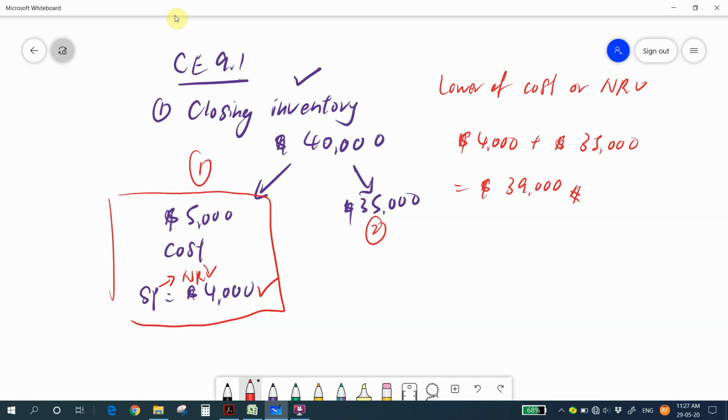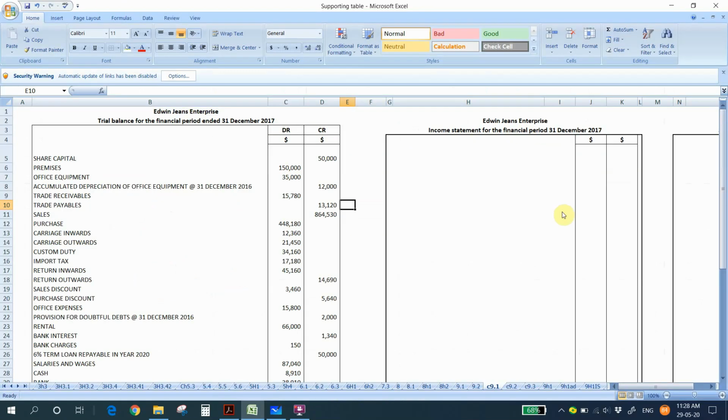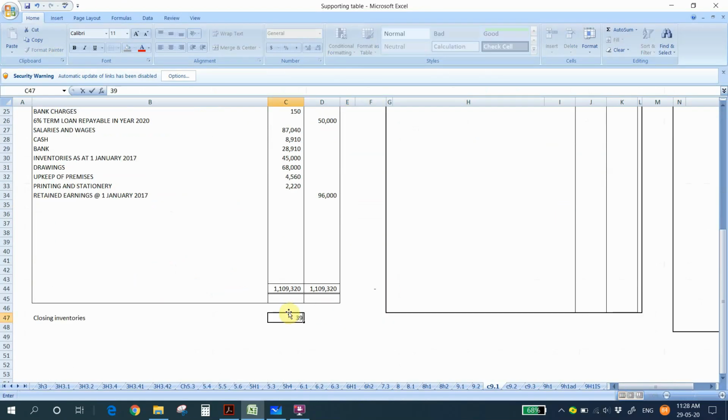This will be my closing inventory value. No adjustment required for this 35,000 because there is no problem with this batch of the product. Alright, so we have done the first adjustment. The first adjustment shows that the closing inventory is 39,000. So we can record the closing inventory as 39,000 here.